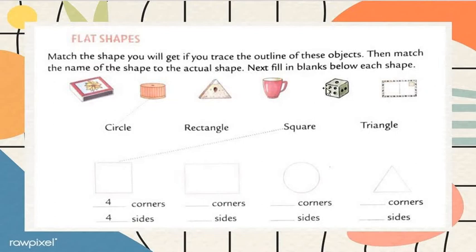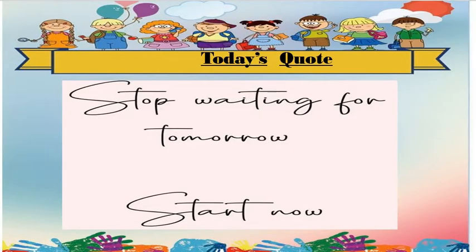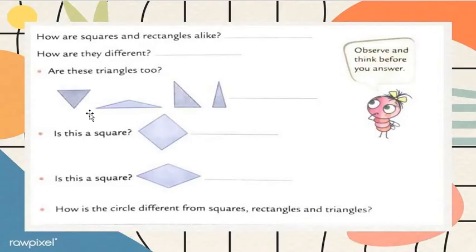Rectangle sides and corners are the same. The answer is: a square has all its sides equal in length and a rectangle has its parallel sides equal. Understood, my dear students? Again I repeat the answer. Here there is no need to write any answer, this is only the knowledge part. A square has all its sides equal in length and a rectangle has its parallel sides equal.